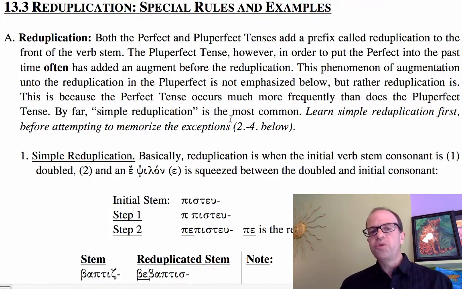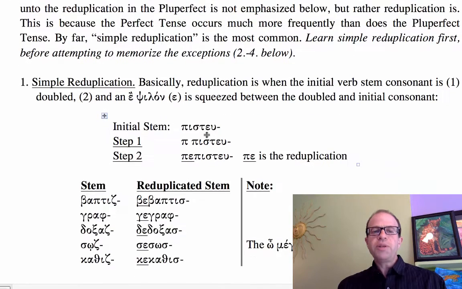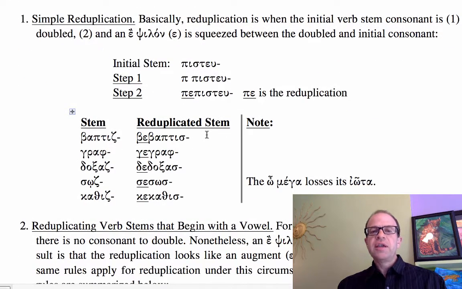Let's look at some rules of reduplication. Reduplication is essentially the doubling of the first consonant on the verb stem and then the addition of an epsilon. This epsilon is not an augment, it's reduplication, and that's really important. For pistevo, the reduplication is the p with an epsilon to form pe pistev.